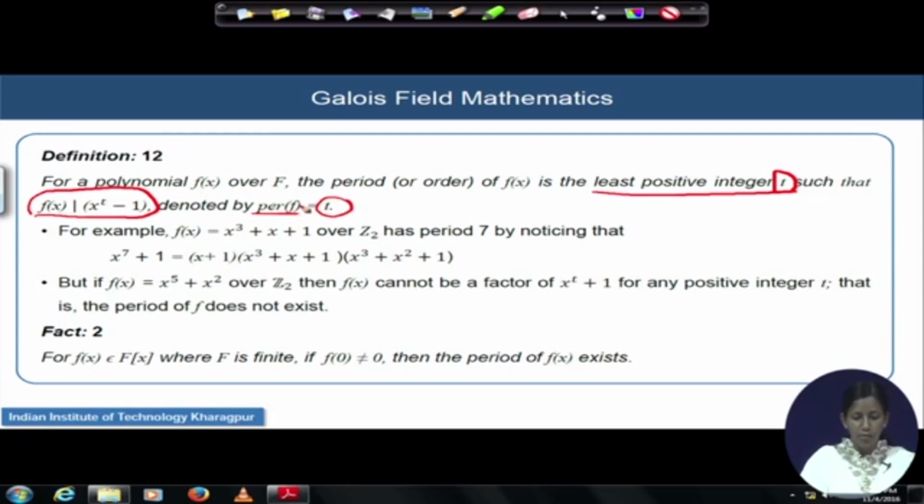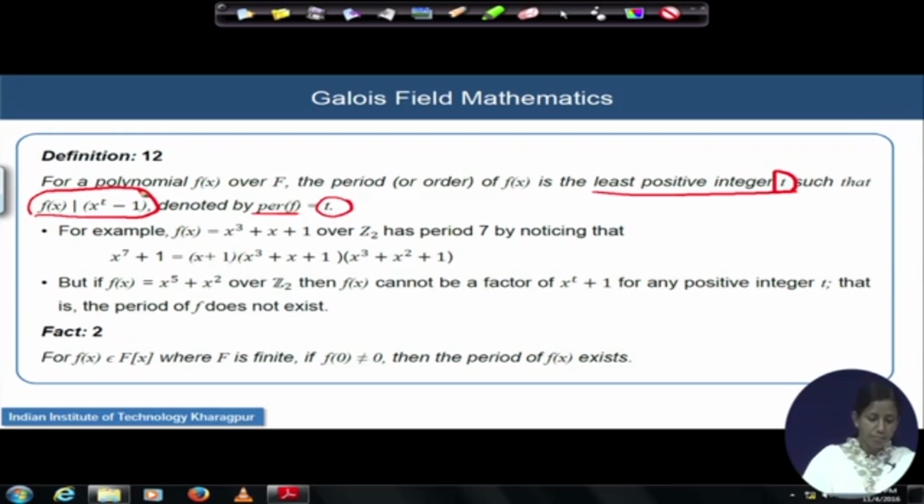What is the meaning of that? If t is such a positive integer that x to the power t minus 1 is divisible by this polynomial, then we can say that the period of that polynomial is equal to t.